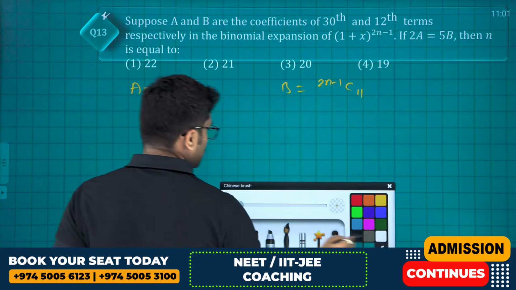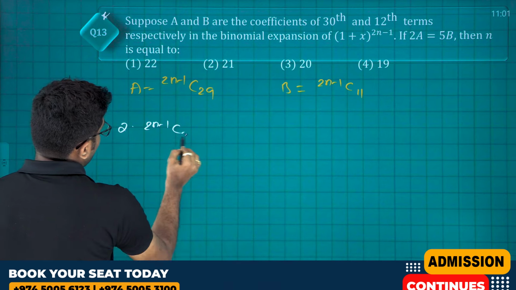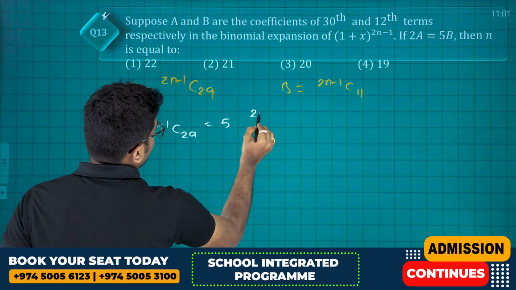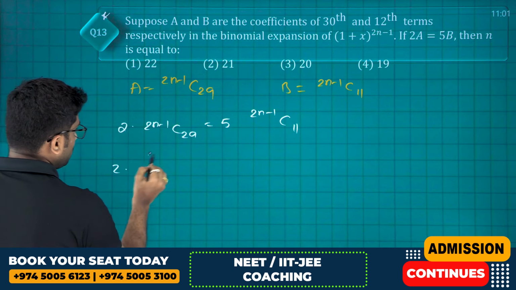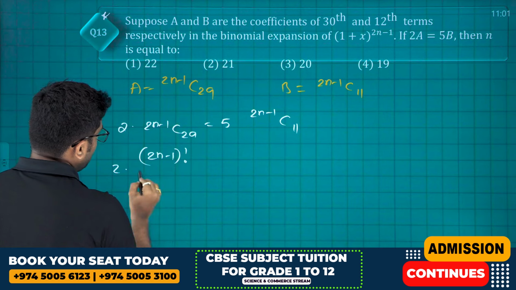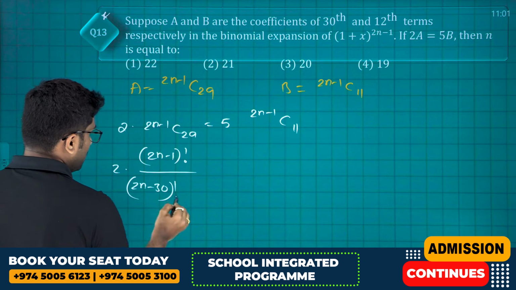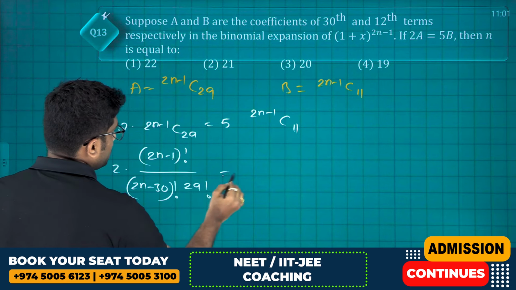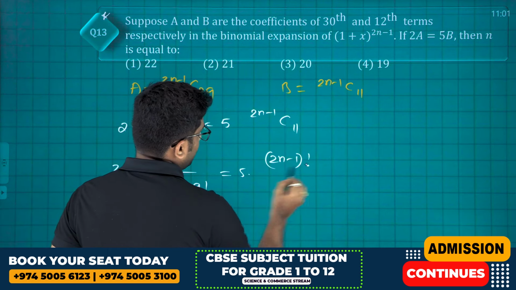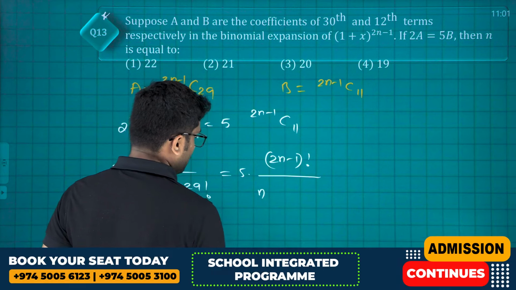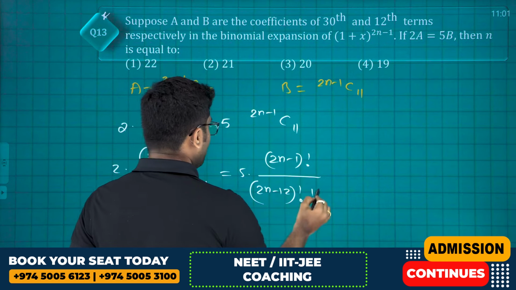Yes, 2A is equal to 5B, as given. So 2 times 2n minus 1 C 29 is equal to 5 times 2n minus 1 C 11. See this, friends: 2 into this is 2n minus 1 factorial divided by 2n minus 30 factorial into 29 factorial. This is equal to 5 times 2n minus 1 factorial over 2n minus 12 factorial into 11 factorial.